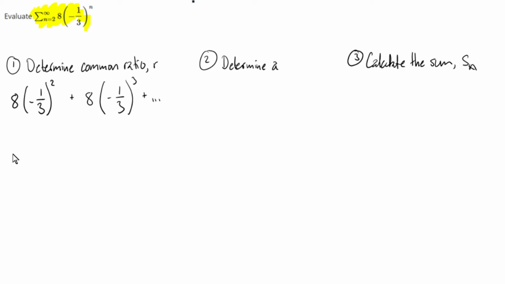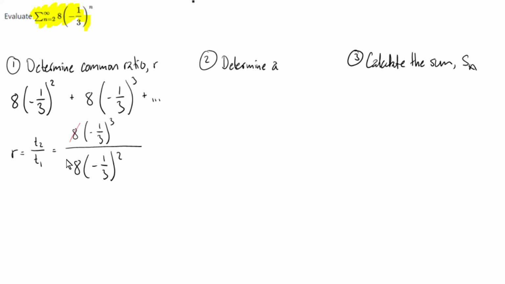To determine r, we would take the second term and divide it by the first term. So this is the common ratio. The second term is 8 times (negative 1/3) cubed over 8 times (negative 1/3) squared.